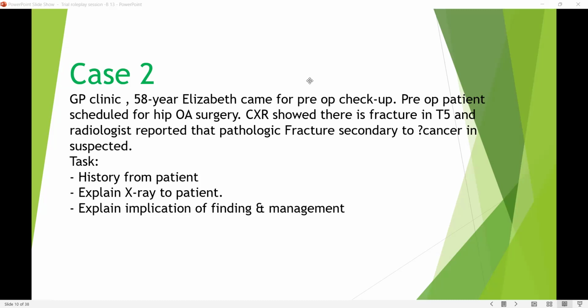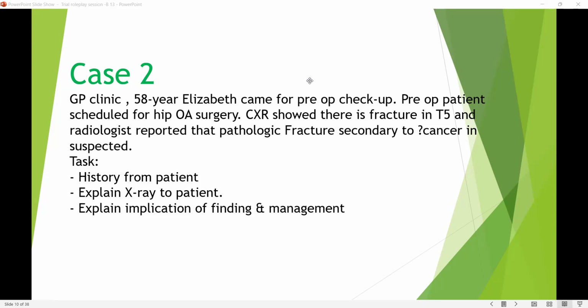So when you introduce yourself, your opening statement should be different. You should ask your patient, how's your hip pain? Or do you have any hip pain at this moment? I can give you some pain medication if you do. And then you start asking questions, because you already know that there is a fracture, and you are suspecting cancer.